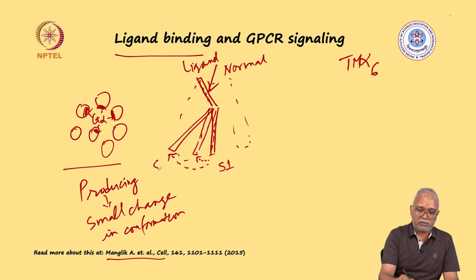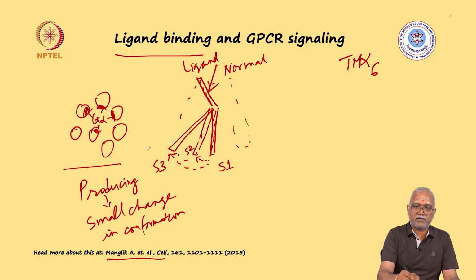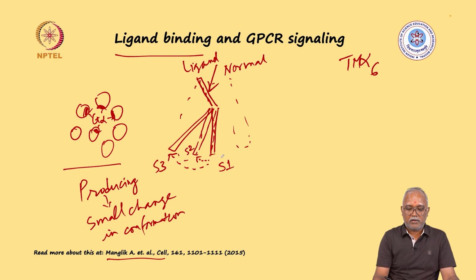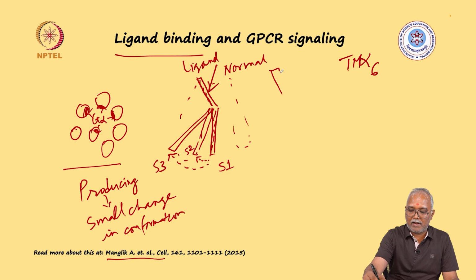Consider this is your position S3 and this is position S2. So ligand binding is moving this alpha helix from one position to the other, and because of this movement there is a space which is created here. Now in the ligand-bound active state, the alpha helix 6 is oriented like this.